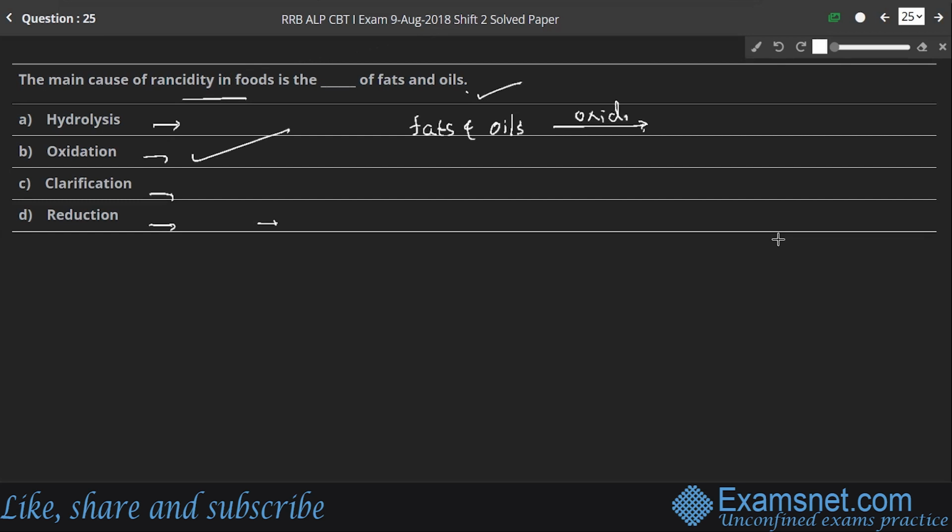After oxidation, the smell and taste change. This is called rancidity. So here fats and oils oxidize and become rancid when they are exposed to sunlight.